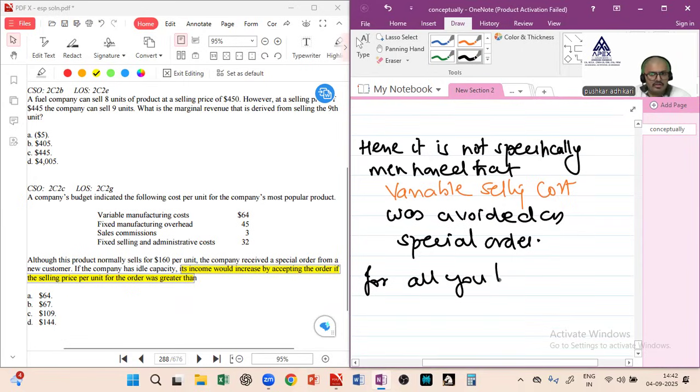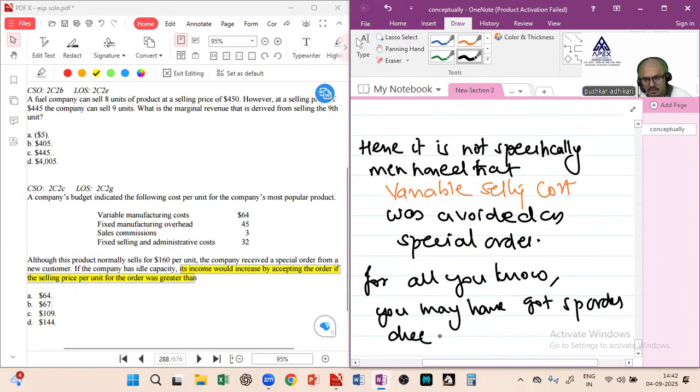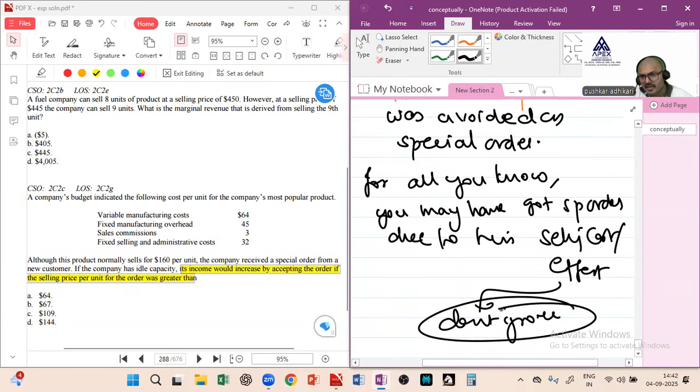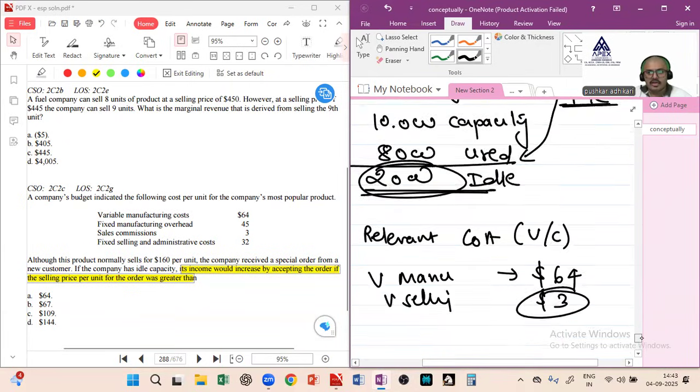For all you know, you may have got the special order due to this selling cost or this selling effort. So don't ignore it. Please try to understand. So what are your relevant costs over here?